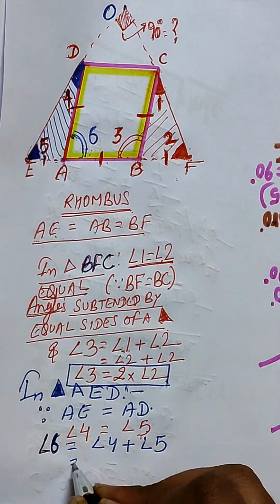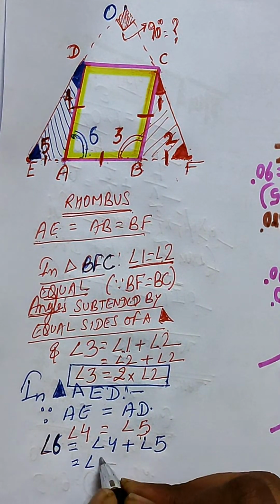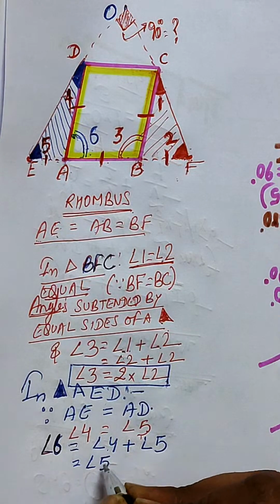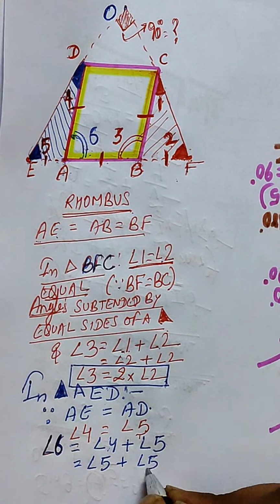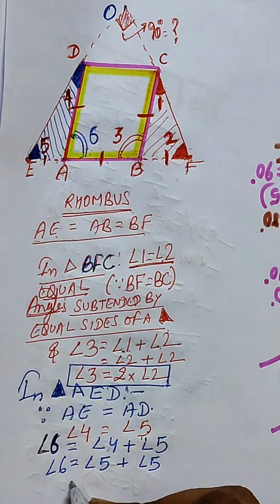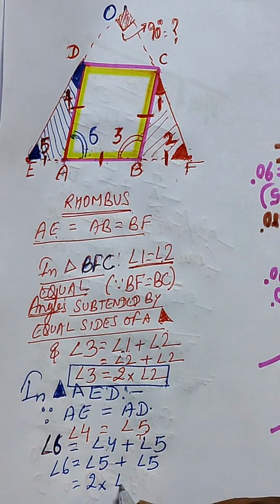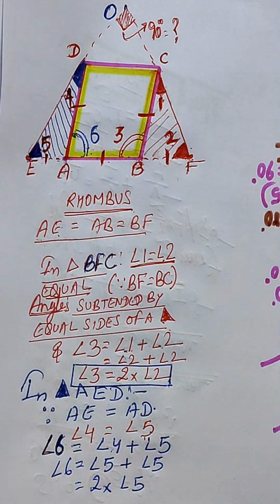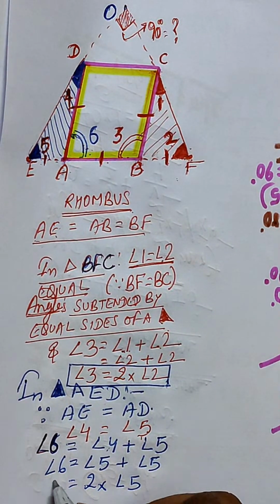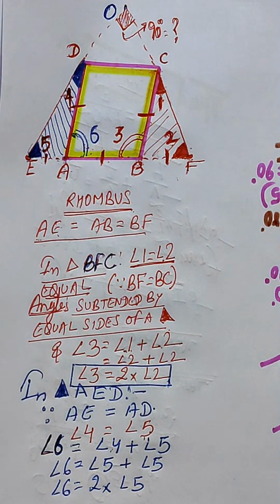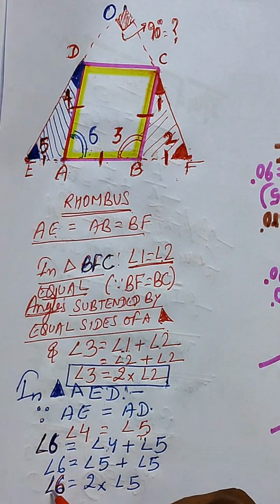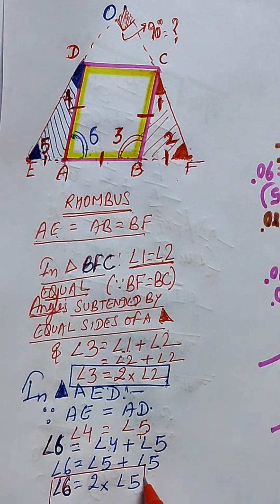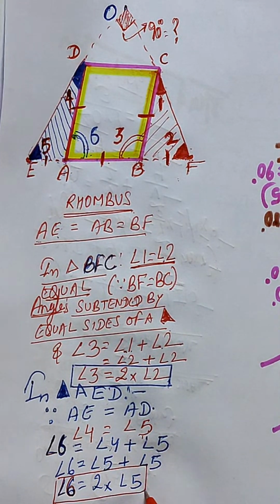You can see it's very easy. Plus angle 5. So angle 6 can be written as 2 times angle 5, right? So this relation is derived.